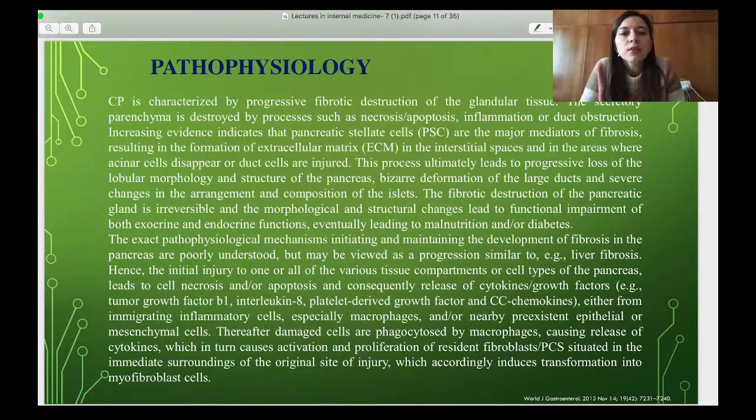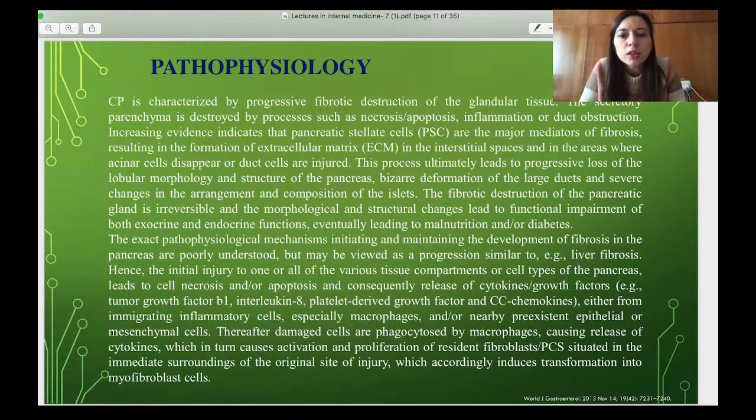Hence the initial injury to one or all of the various tissue compartments or cell types of the pancreas leads to cell necrosis and/or apoptosis and consequently release of cytokines and growth factors, as from immigrating inflammatory cells, especially macrophages, and/or nearby pre-existent epithelial or mesenchymal cells.